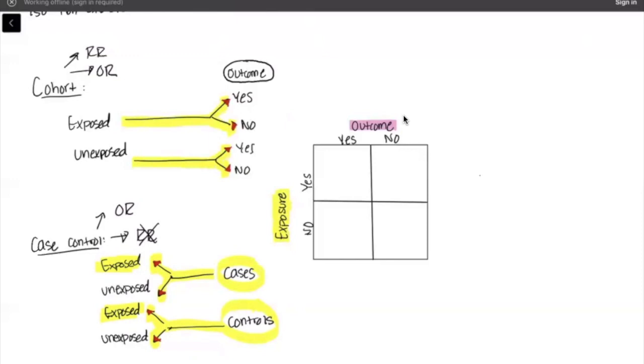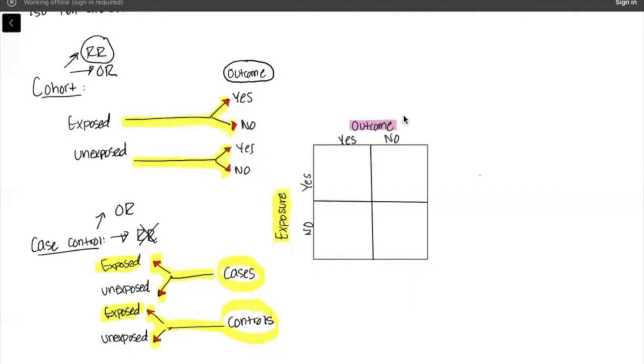If I want to calculate a risk ratio, then I need to start off with patients who do not yet have the outcome and follow them over time and see what is the risk of developing the outcome in this group of patients. So with risk, remember, you need that time element. You need to start with the patients who do not have the outcome of interest.